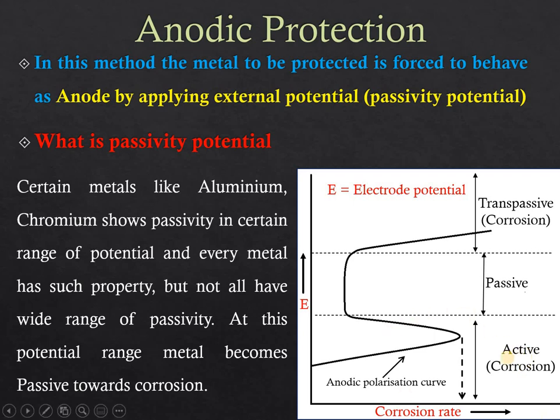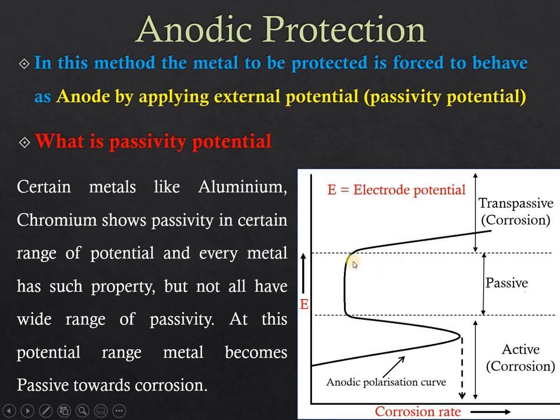The first is the active zone, the initial zone, in which corrosion will occur. After the active zone there is a passive zone. In this zone, when the potential is applied, the metal is not prone to corrosion, and after this zone there is again the transpassive zone in which corrosion of the metal occurs.